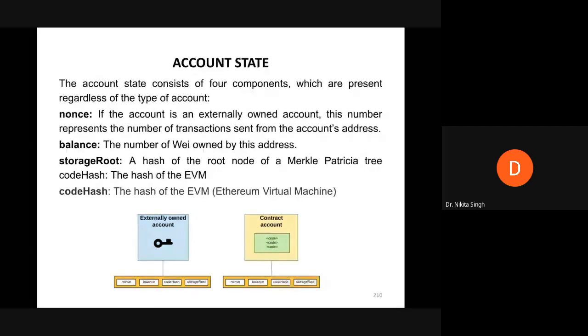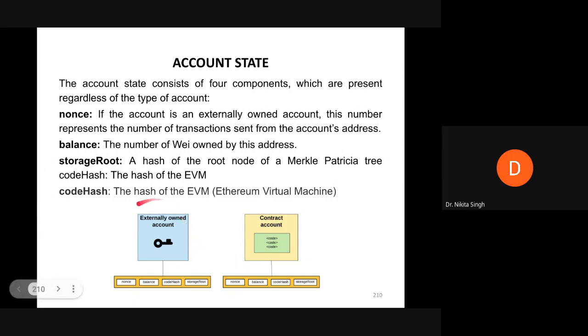Before exactly seeing what a nonce is, if you look at the figure here, this externally owned account has a field called nonce. And this contract account also has a field called nonce.